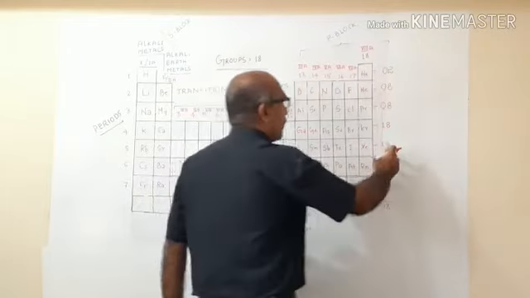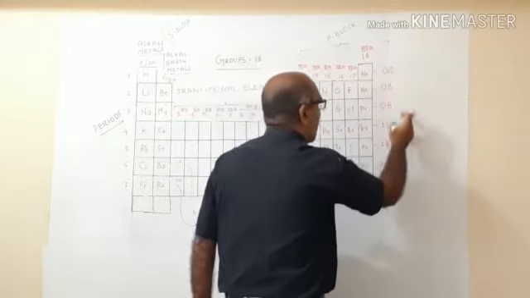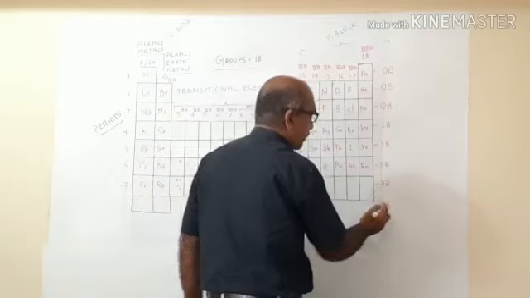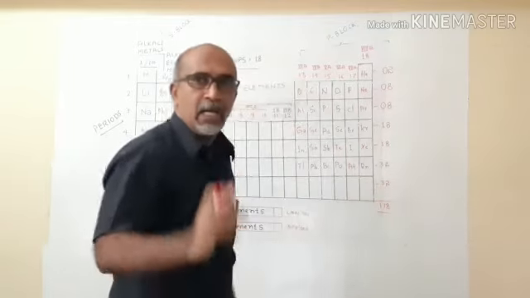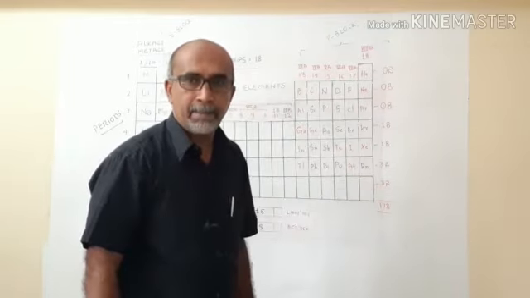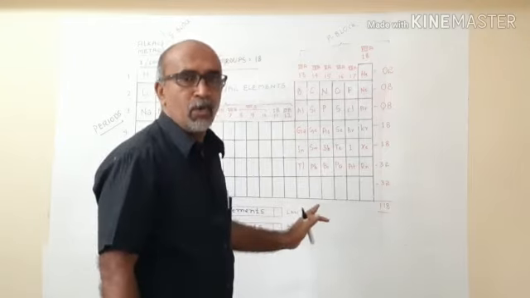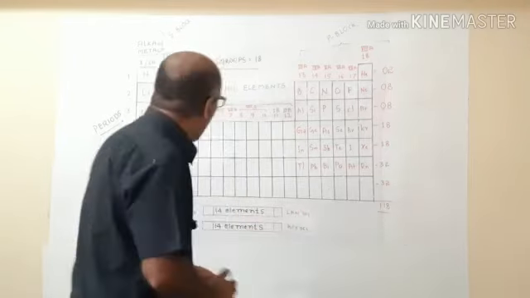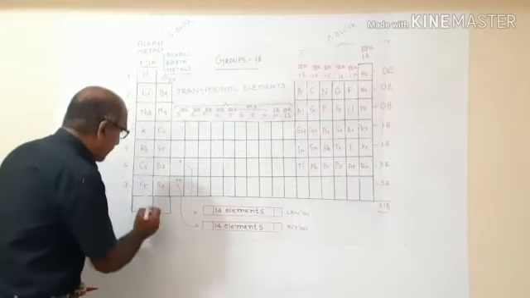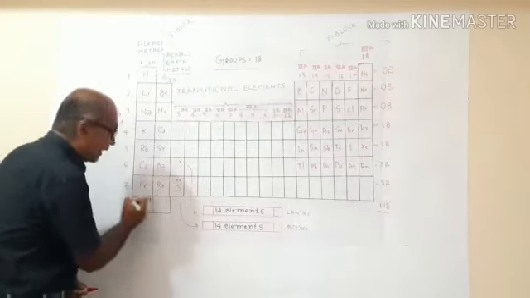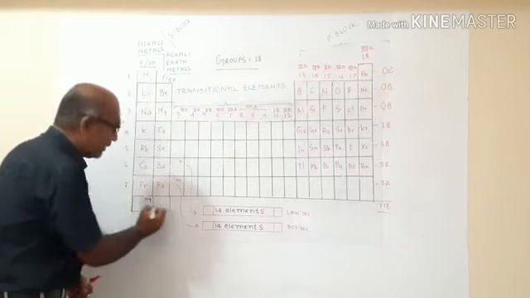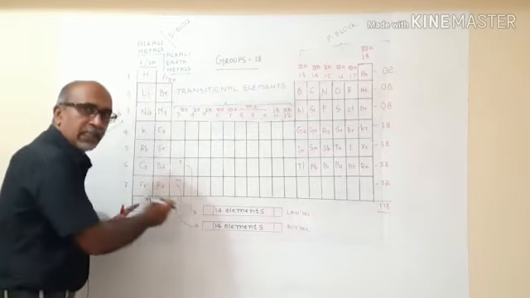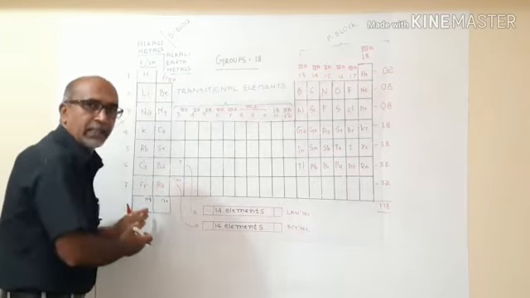So 18 threes are 54, then 32. Totally, in the periodic table 118 elements are there. So in the modern periodic table there are totally 118 elements. If any new element is discovered, it would be kept here, that is the 119th element, 120th element, in this manner.